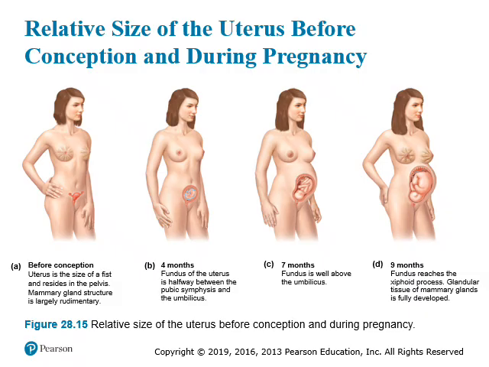In about 4 months, the fundus of the uterus is halfway between the pubic symphysis and the umbilicus. It's growing, and by 7 months, the fundus is well above the umbilicus. You could see already that the tummy is protruding at 7 months. And at 9 months, the fundus reaches the xiphoid process of the sternum, and the glandular tissue of the mammary gland is fully developed.